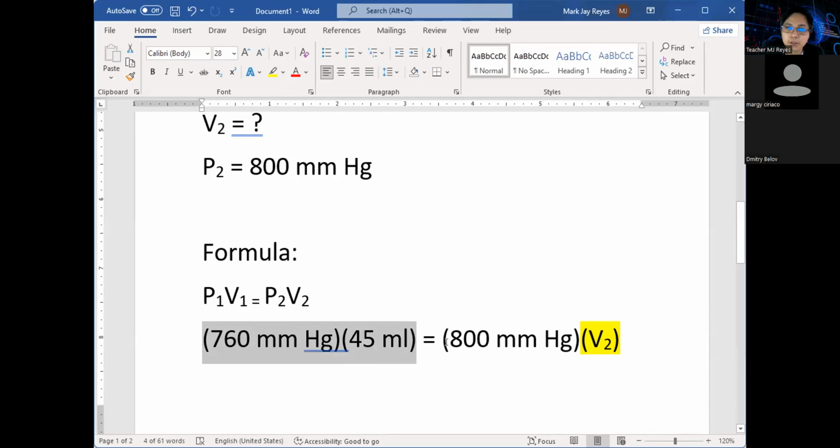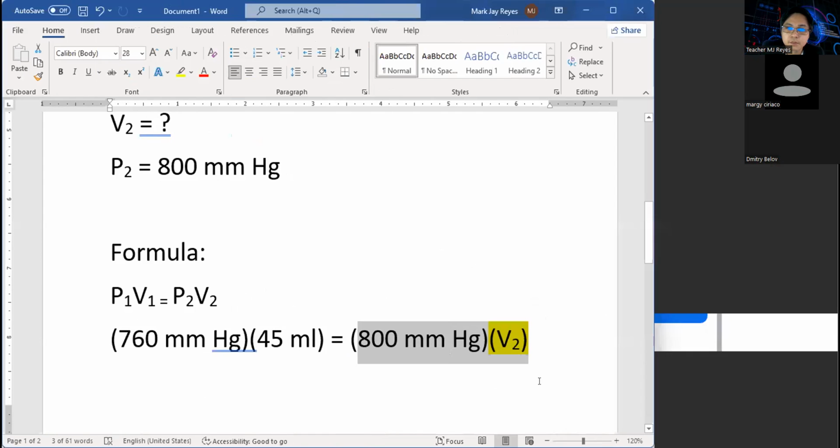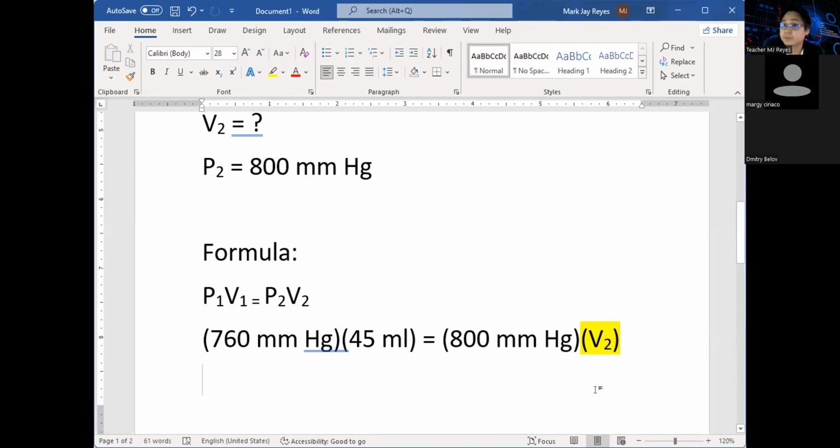But how about this one? What are the possible ways on computing this one? Use a scratch paper on your end.